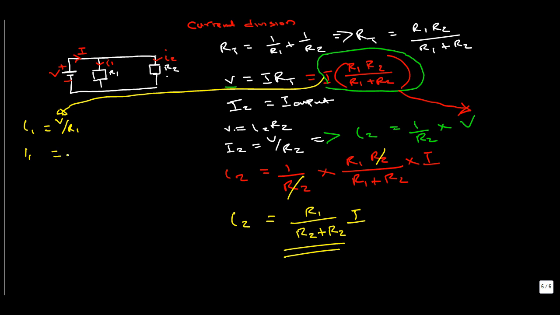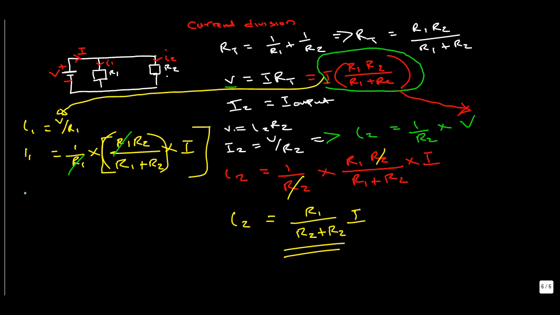This gives us I1 is equal to 1 over R1 times the square bracket of R1 times R2 over R1 plus R2 times I. The R1 can cancel out, and we're left with I1 is equal to R2 over R1 plus R2 times I.